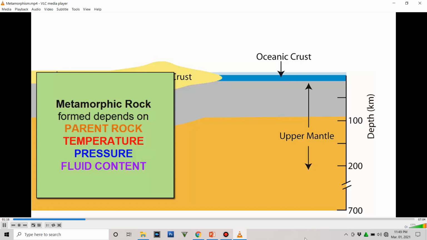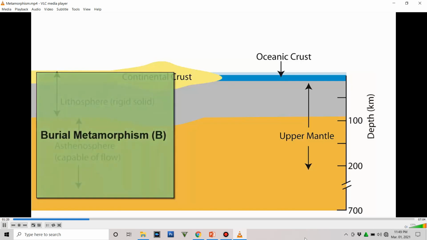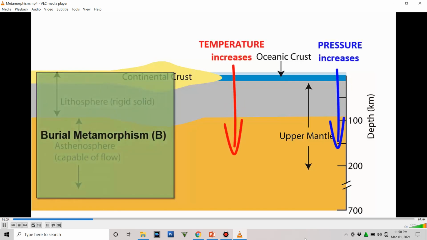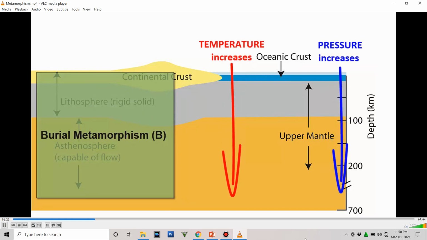Where do we find metamorphism happening on our planet? When we bury surface rocks beneath layers of sediment or lavas, these rocks will sink deeper in the crust. The deeper they go, the higher the pressures and temperatures, and hence the higher the grade or intensity of change or metamorphism.